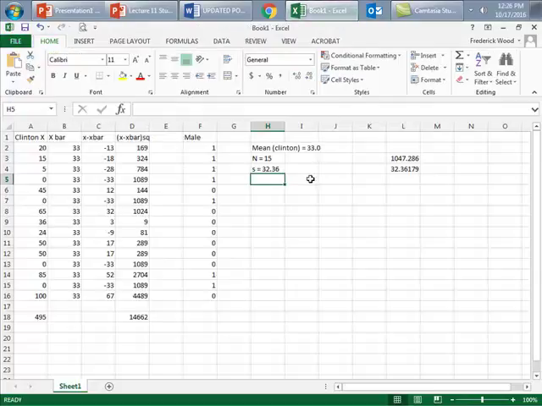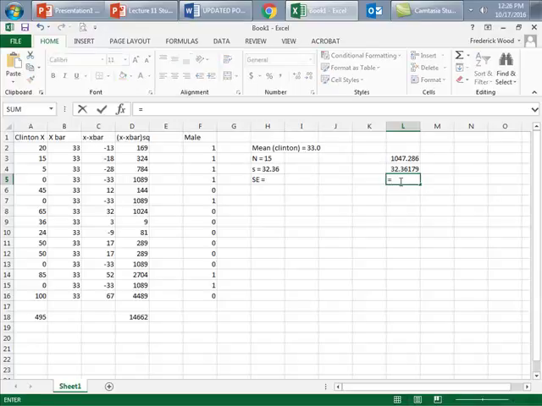So standard error is equal to my 32.36, and then I'm going to divide that by the square root of n. N is 15. Make sure I close the parentheses. And my standard error is now 8.36.